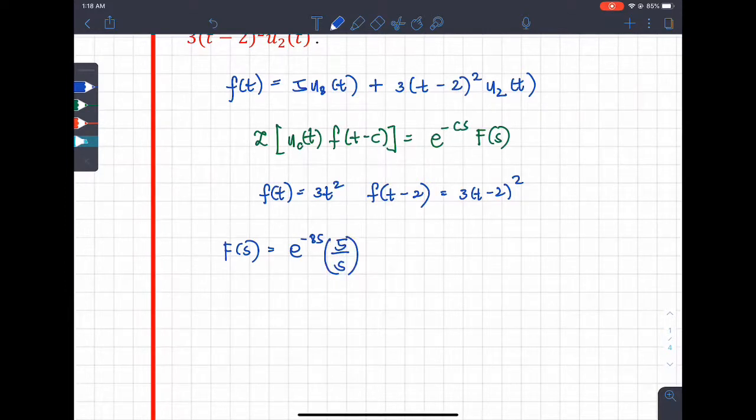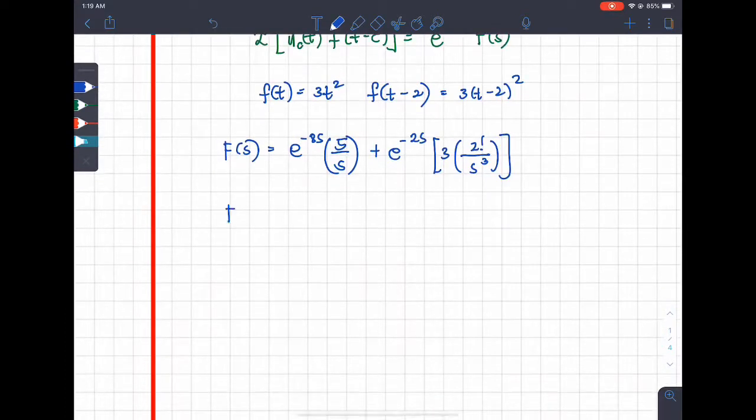And then plus e raised to negative 2s, then the Laplace transform of 3t squared, which is our f of t here. That would be 3 multiplied with 2 factorial, divided by s raised to 2 plus 1.